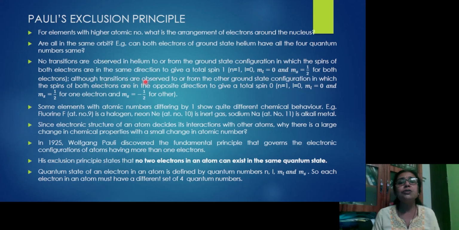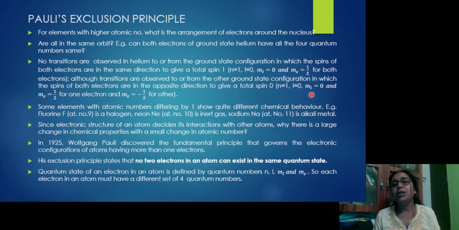Although transitions are observed to or from the other ground state configuration in which the spins of both the electrons are in opposite direction to give a total spin 0. So, n equal to 1, l equal to 0, ml equal to 0 and ms equal to half for one electron and ms equal to minus half for the other.